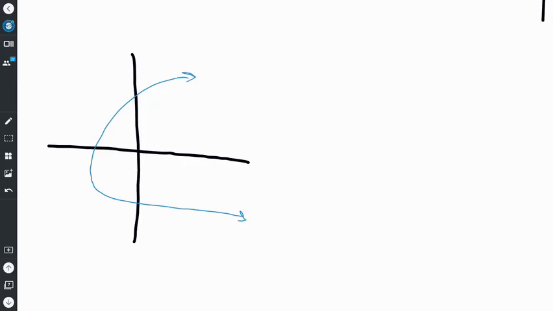Doesn't pass the vertical line test. A function must pass the vertical line test, meaning x values cannot repeat with different y values. If you look at this x value right here, it has 2 y values, right? That makes it not a function. One x value cannot have multiple y values, so therefore it's no longer a function.